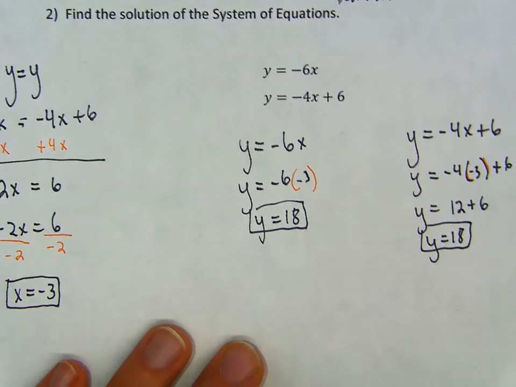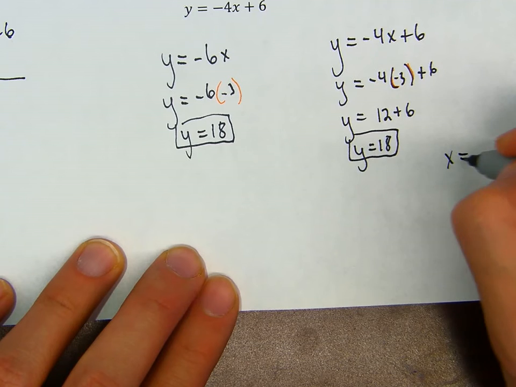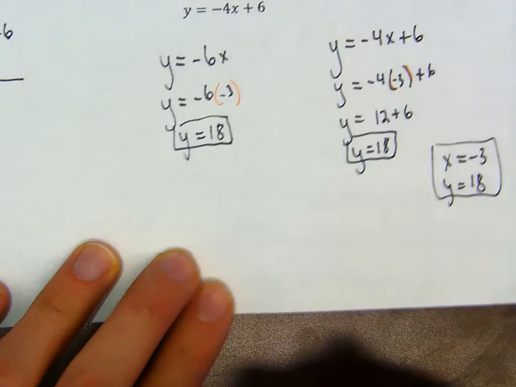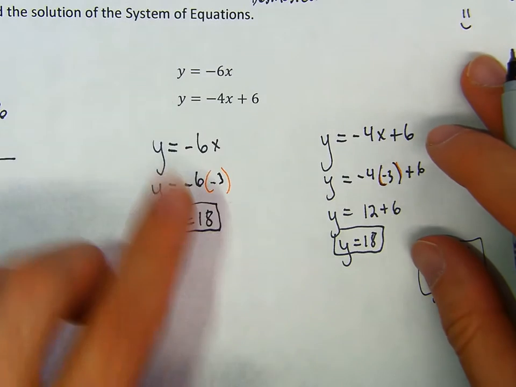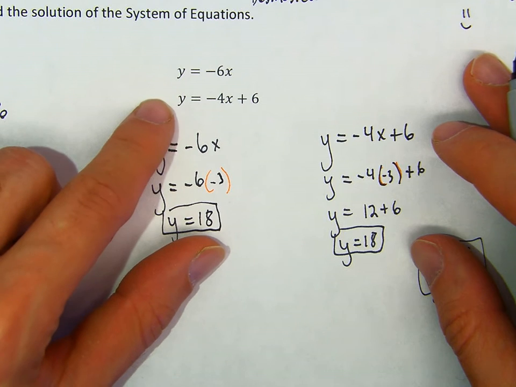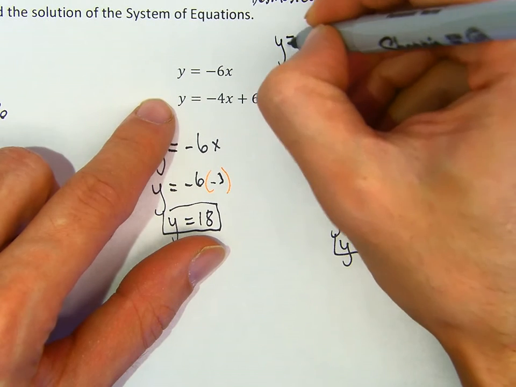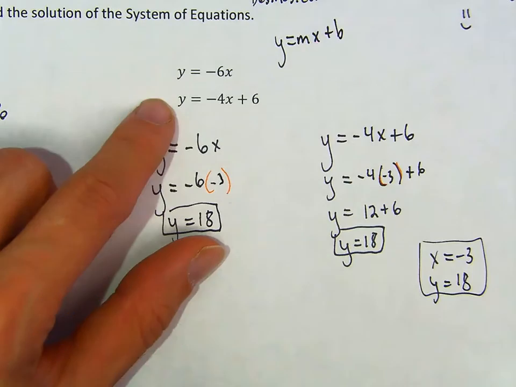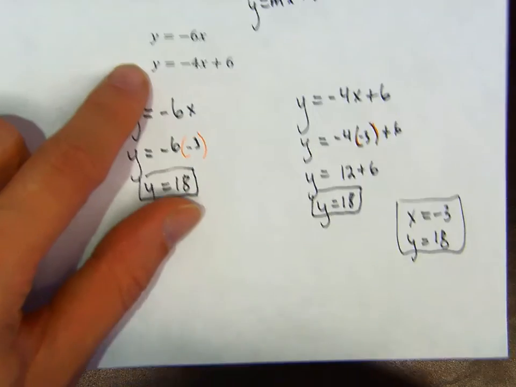If x is negative 3 and y is 18, and this is my solution, what should happen between these two lines? And how do I know they're lines? Because they are in the form y equals mx plus b.